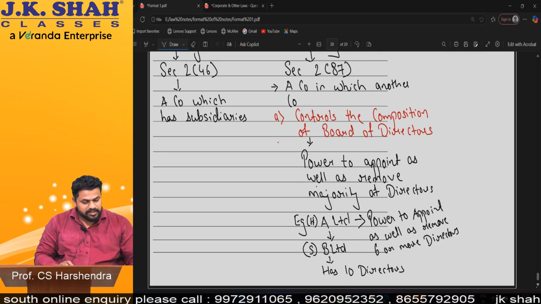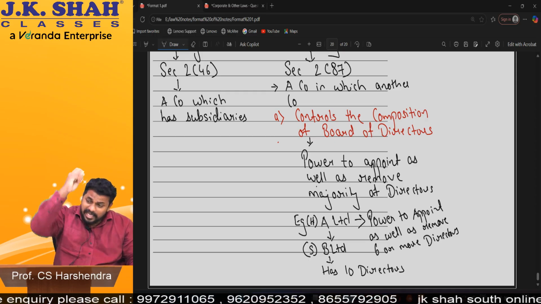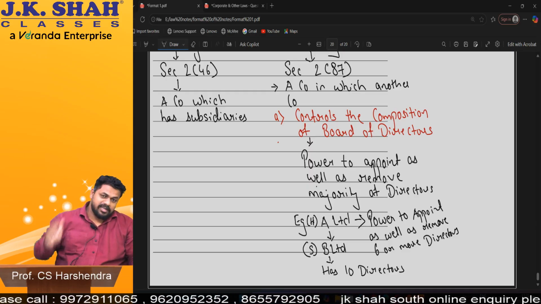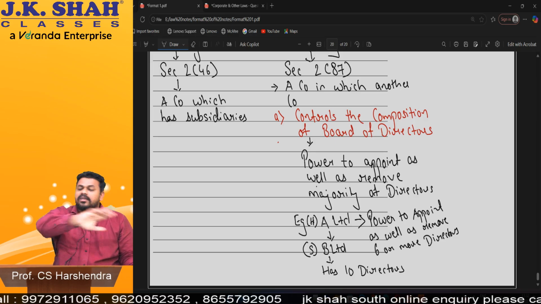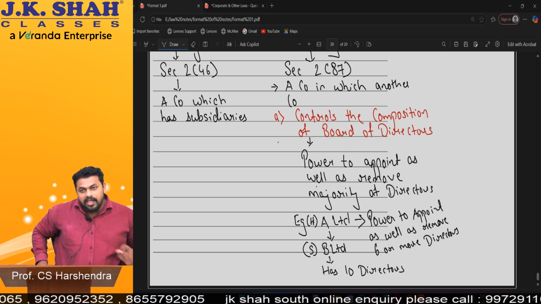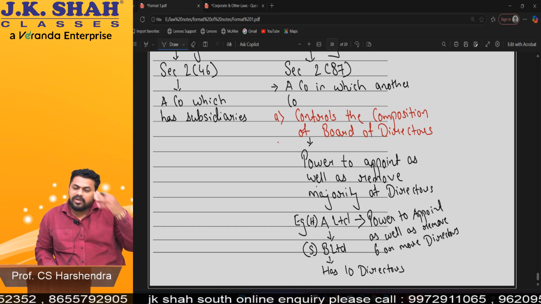Understood? Guys, you tell me, how will A limited or any company get power to appoint as well as remove majority of directors? How will one company get the power? Online students, you can also answer. How will one company get power to appoint as well as remove majority of directors?